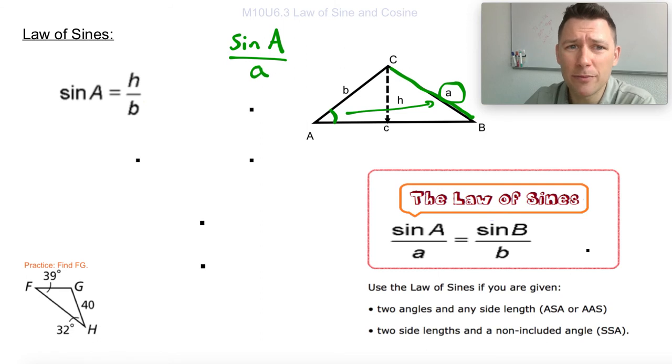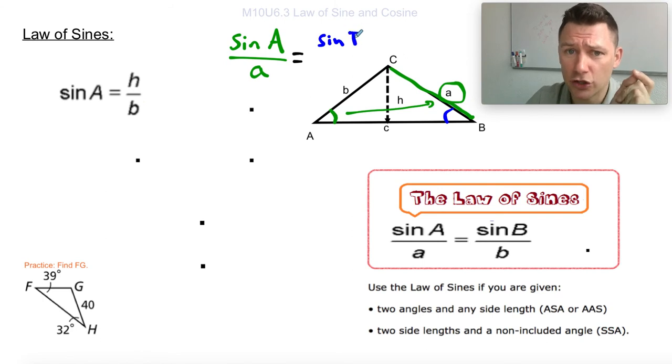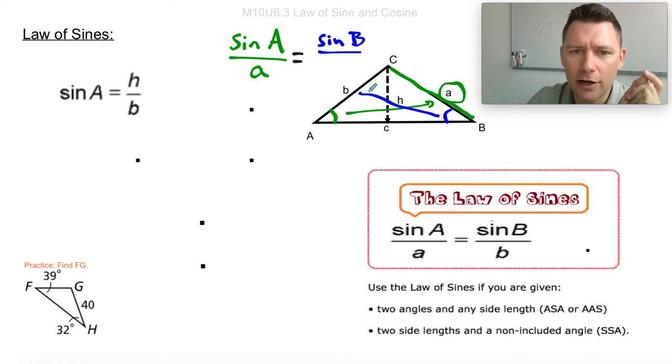You'll get the same ratio as if you take the sine of angle B, not the actual angle but the funky decimal associated with it, and divide by the side across from it, side b.